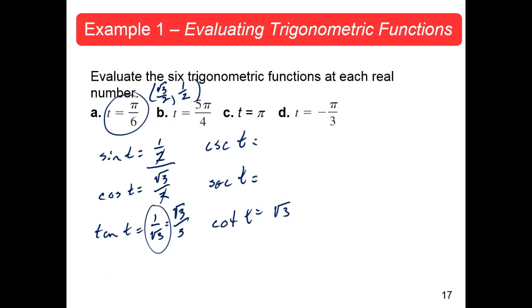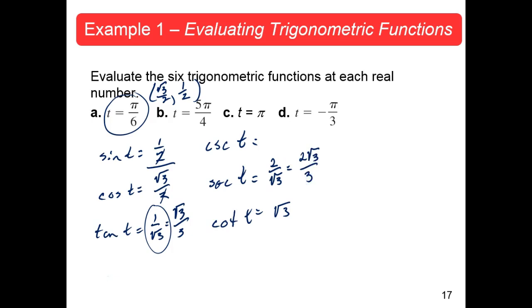Perfect. Okay? And then for secant, what would you get? Remember I said you reciprocate the cosine. That's why I put it next to it there. What does that become? 2 over root 3, but if you didn't like radicals in the denominator, you could write it as 2 root 3 over 3.